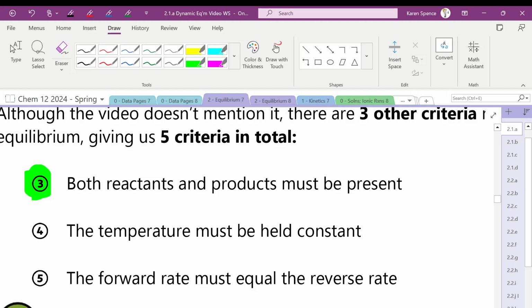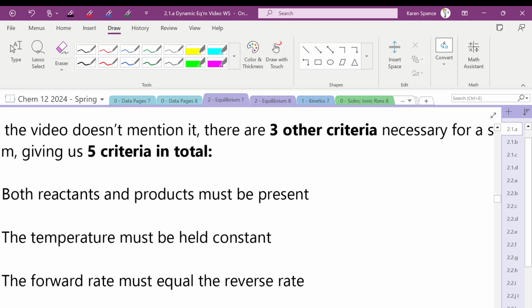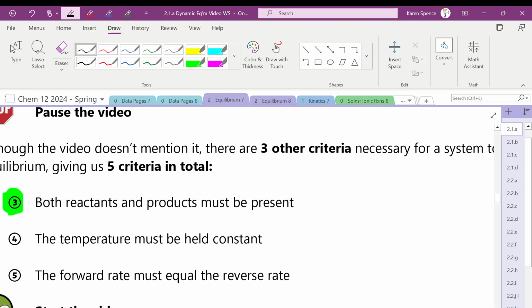You have to have both reactants and products present. Can you have a reverse reaction if there's no products there? You can imagine if we had a reaction where A plus B gives AB, and we had no AB, we wouldn't be able to go backwards.